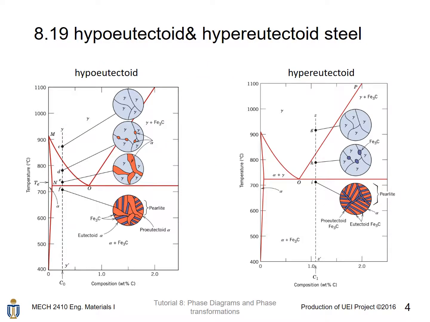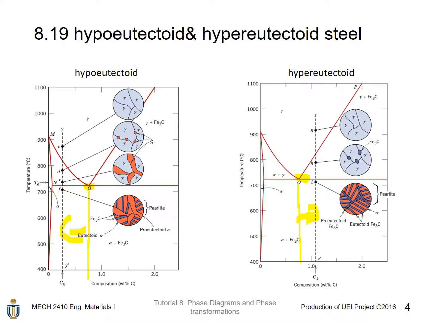Hypoeutectoid and hypereutectoid steel. As I mentioned, there is a eutectoid point in this system, which is indicated by my pen here, and therefore we can define the hypoeutectoid steel and hypereutectoid steel by drawing a eutectoid line.